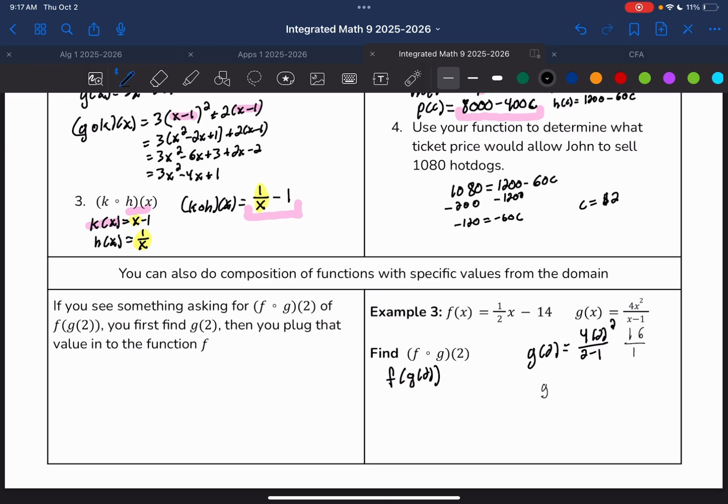So g of 2 is equal to 16, which means f of g of 2 is the same as saying f of 16, because 16 is g of 2. And then if we plug in 16 into f of x, we're going to get 1/2 times 16 minus 14. That's going to become 8 minus 14, which gives us -6. So f of g of 2 comes out to be -6.